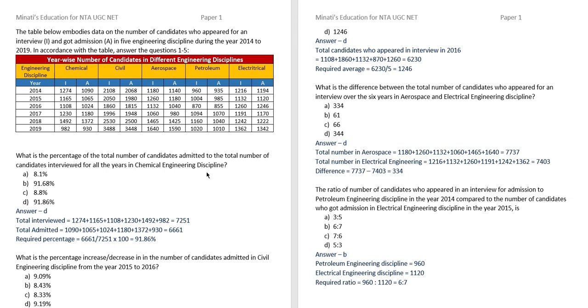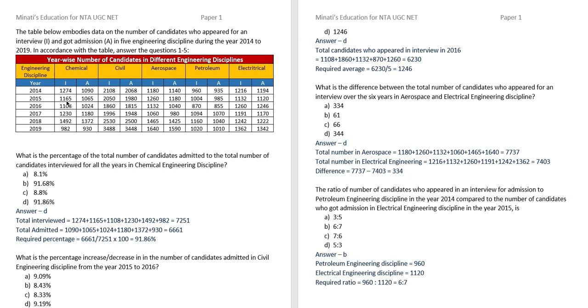So please look at the chemical engineering discipline. We first need the total interviewed, so I have to add the figures.